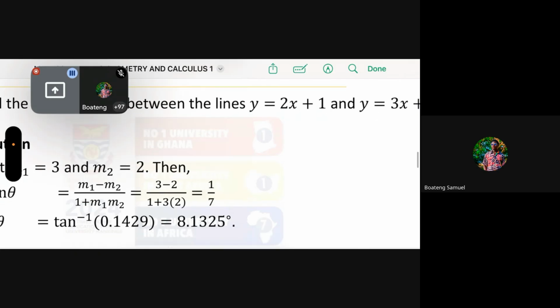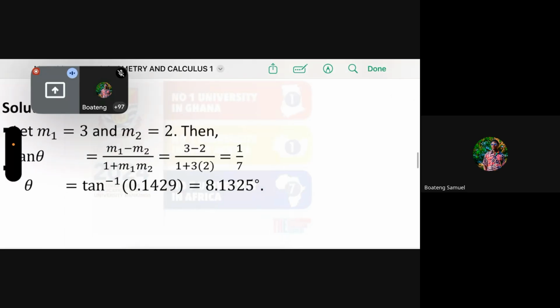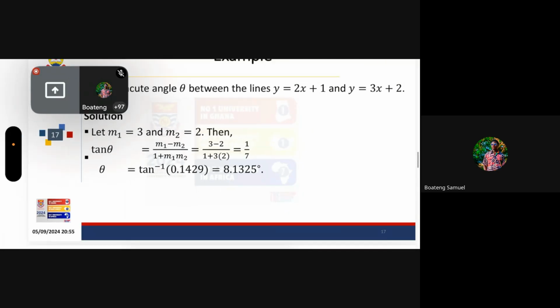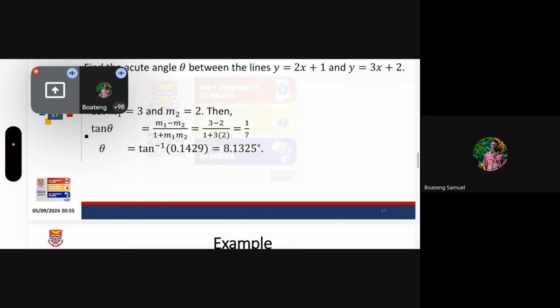So this means I'm going to get 3 minus 2 divided by 1 plus 3 times 2, which is 1 divided by 7. Then tan theta is equal to 1 over 7, and theta is equal to tan inverse of 1 over 7. And what will you get? You can use a calculator to get the answer for me. 8.13 degrees. Okay. Is that all?